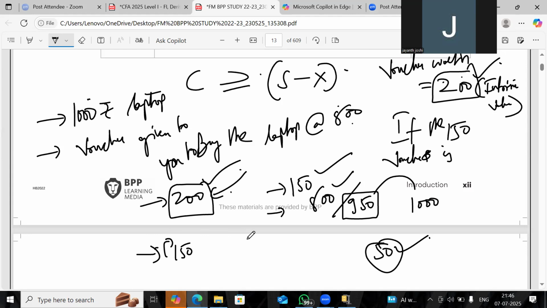The minimum value for a call option cannot be more than this. A call option cannot be more than what? Stock minus strike. Either it should be more than or equal to.